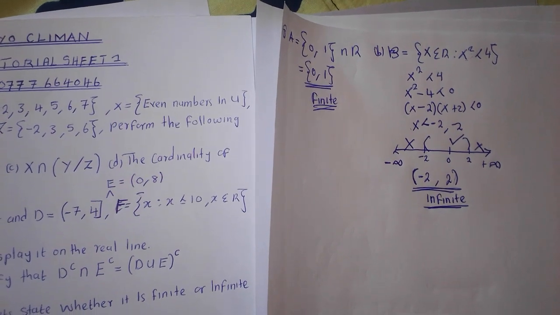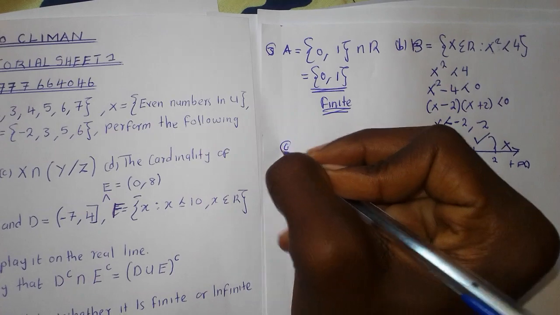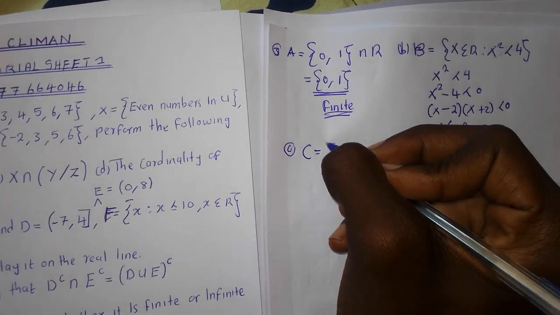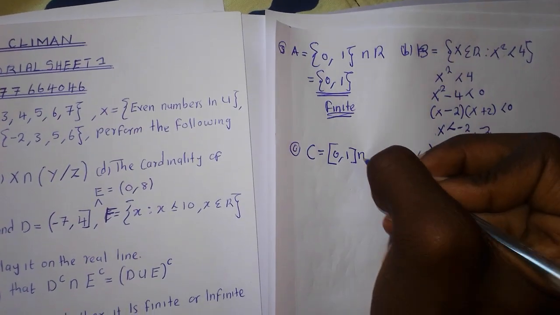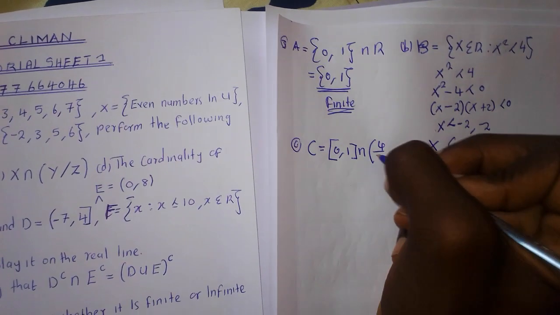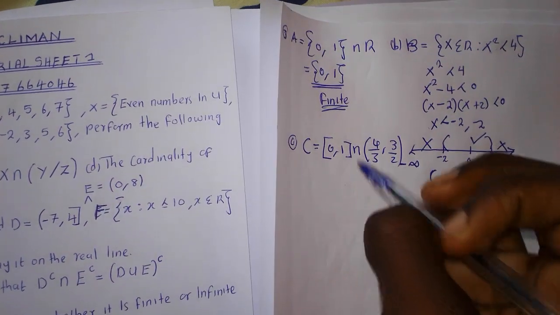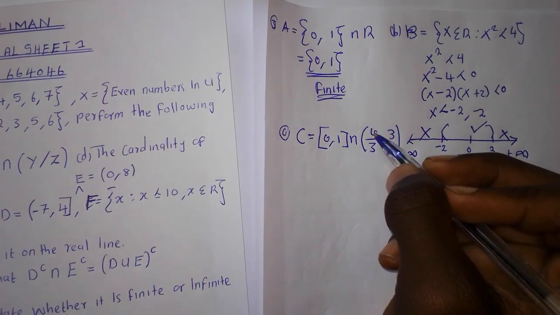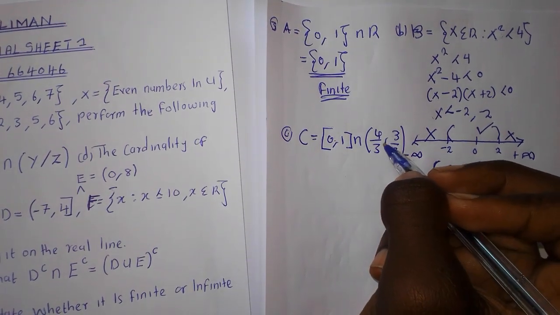We get to C. Now, C is saying C is a set of 0, 1 intersection 4 over 3. Now, this is very simple because we know that these are not independent terms. These are also not independent terms. There might be some numbers in between. Okay?